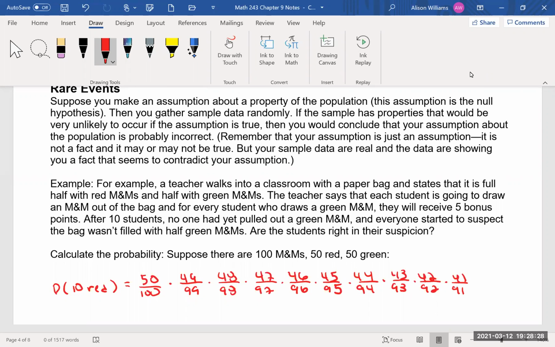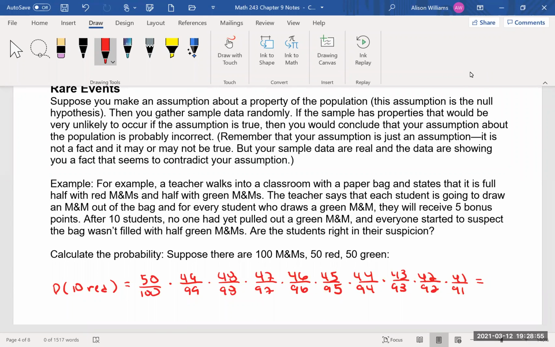I may have done my calculation a little bit off, because I think I included the next one, 40 over 90. When I plugged this in, I got 0.0003. So I'm going to adjust and say that I shouldn't have included 40 over 90.